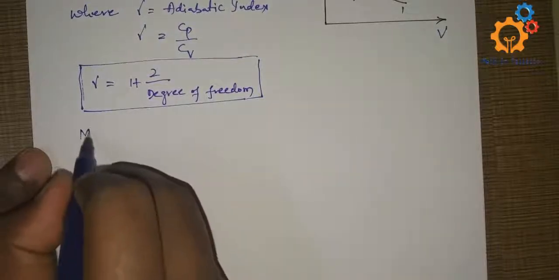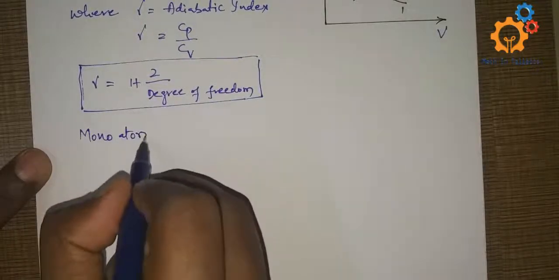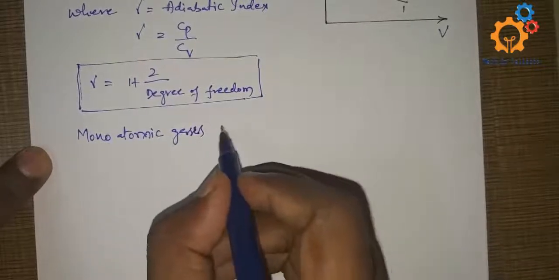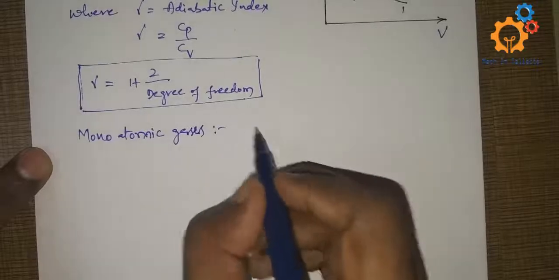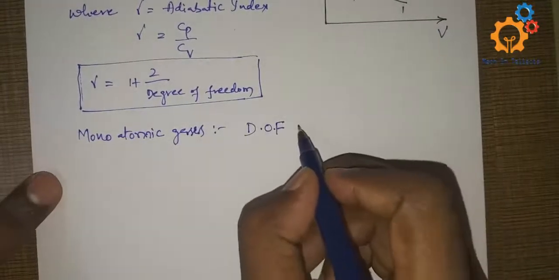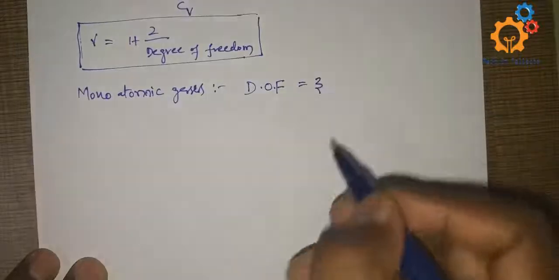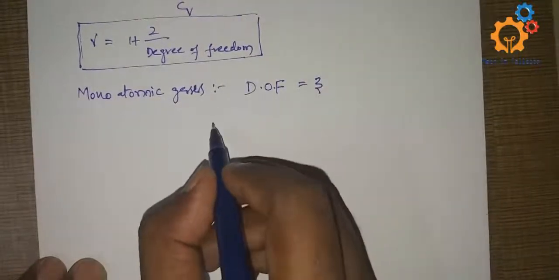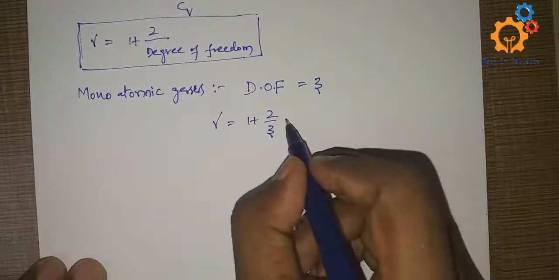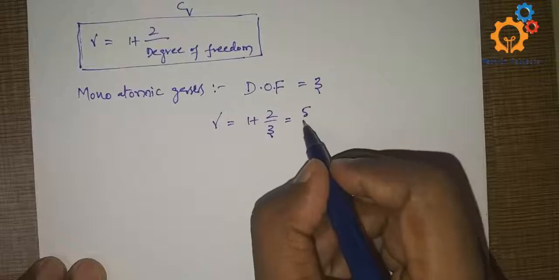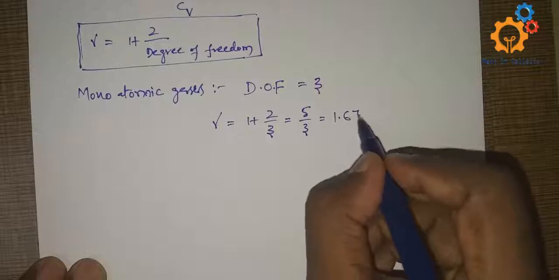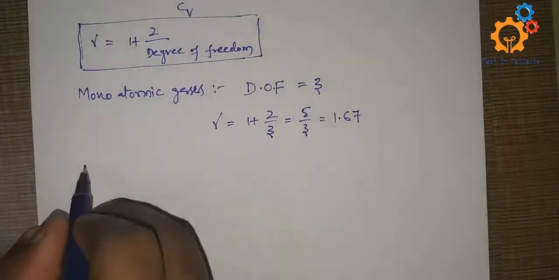Let us say for monoatomic gases, the degree of freedom, DOF, is equal to 3. So in that case gamma is equal to 1 plus 2 by 3, that means 5 by 3, and it becomes 1.67.